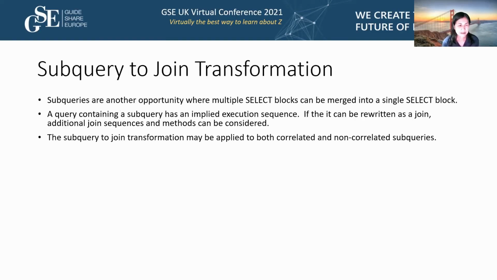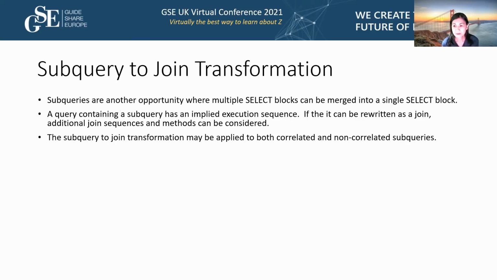Subquery transformation. What is the purpose of subquery transformation? A SQL statement that contains a subquery has an implied execution sequence. If this type of statement can be transformed to a join, additional join sequences and methods can be considered.